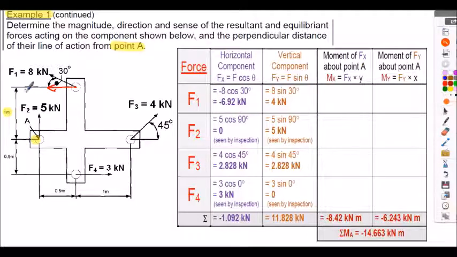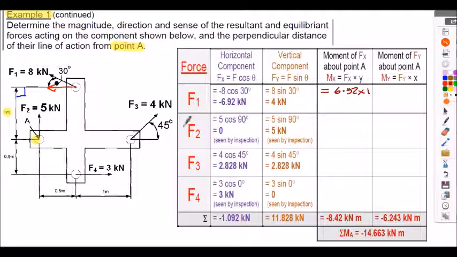So my perpendicular distance from that line of action to the point I'm considering is 1 meter. So my calculation here is simply going to be the Fx force, 6.92, multiplied by the distance, and the distance is the y dimension here of 1 meter.